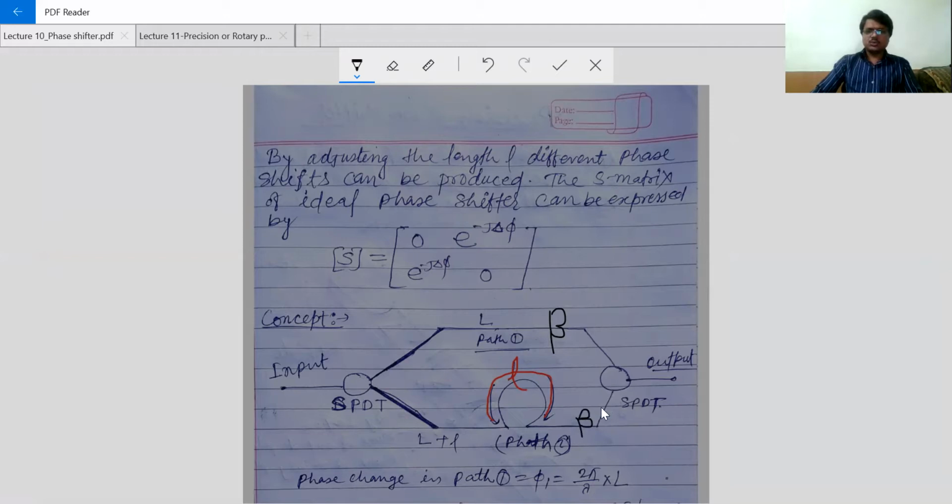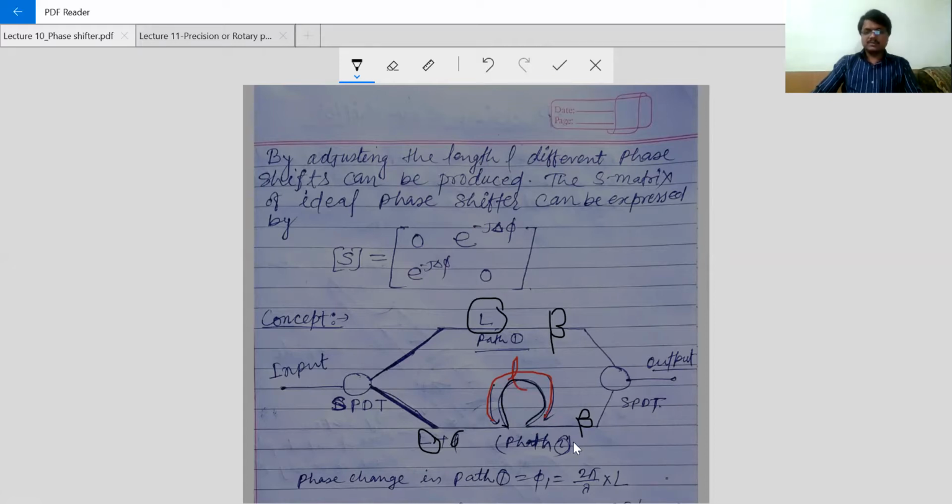Beta is same for both. Let us suppose its path length is capital L, and the other is capital L plus a small l. This is the extra length.